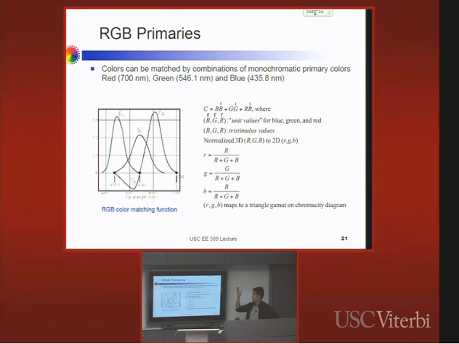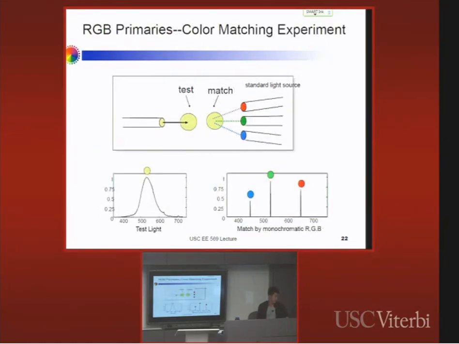So given a random color, let's say C, it's a weighted combination of the R component, G component, and B component. And here are some color matching experiments.